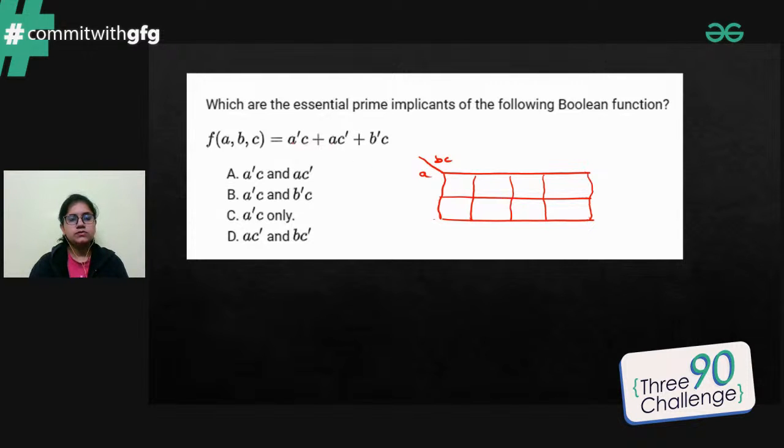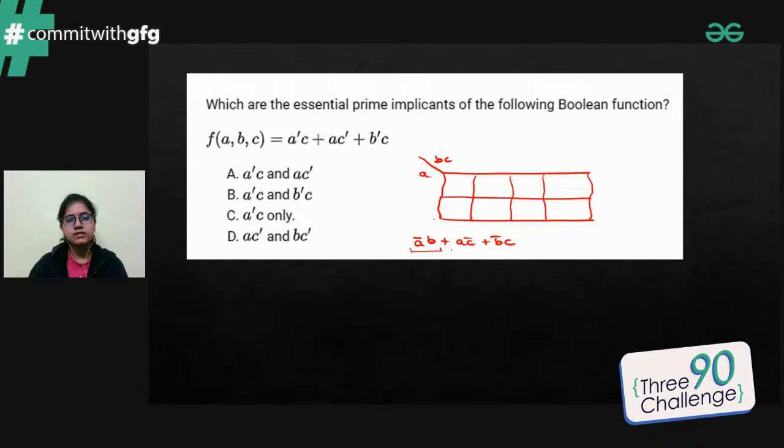Whenever we try to find essential prime implicants, we always make sure that the equation is in canonical form. So what is canonical form? In every term, all the variables of the function should be present.